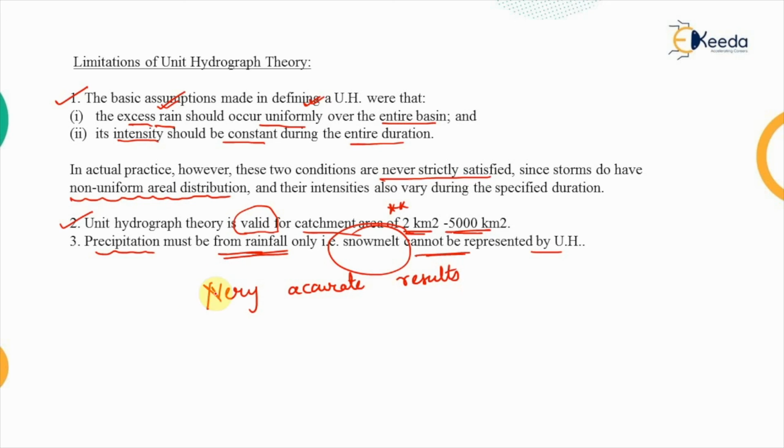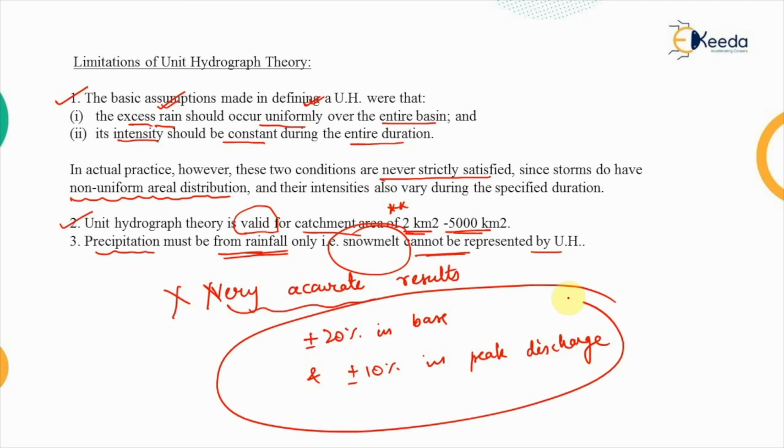A variation in the base of plus or minus 20% and in the peak discharge of plus or minus 20% is considered acceptable. If the values are within this range, they are considered acceptable.